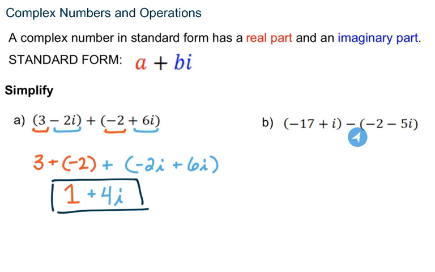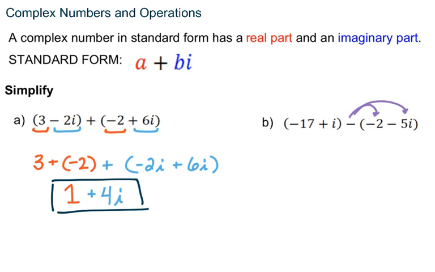Looking at this next problem, treating it the same way, we have -17 plus i minus this entire complex number, -2 minus 5i. One thing you'll notice is the minus is in front of that second complex number. That's going to need to distribute.